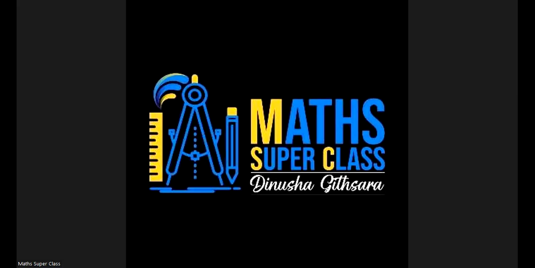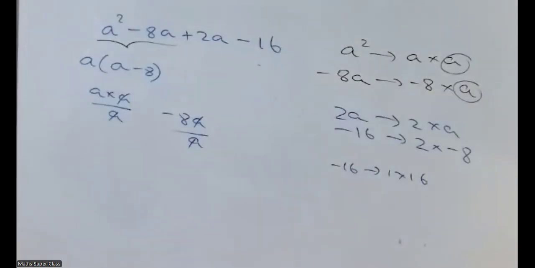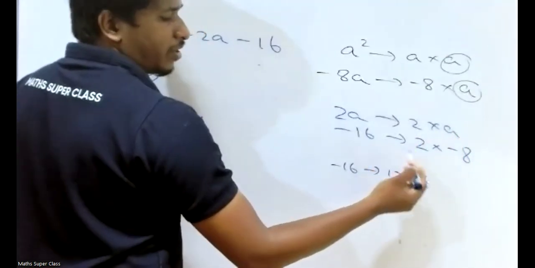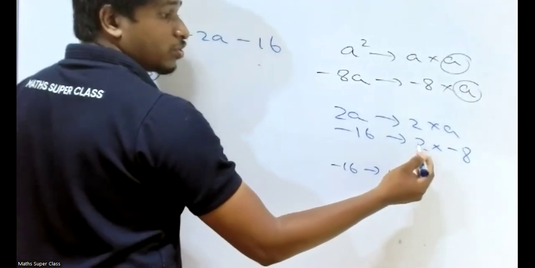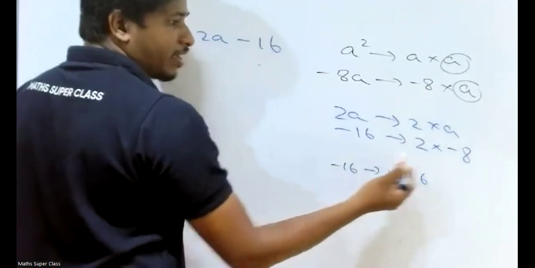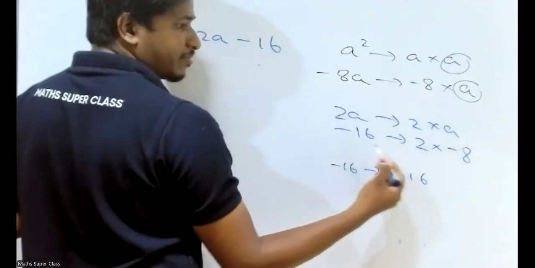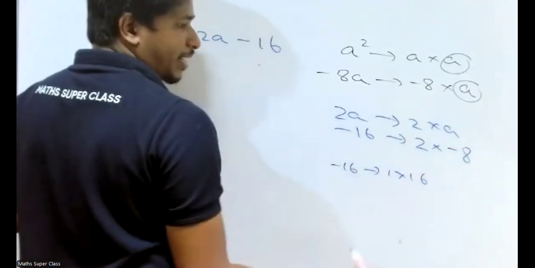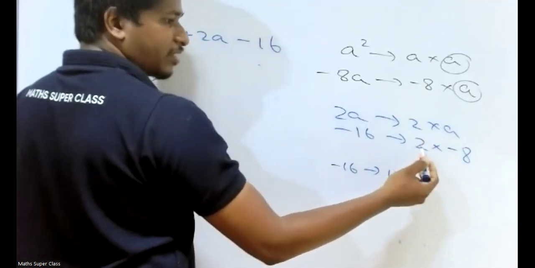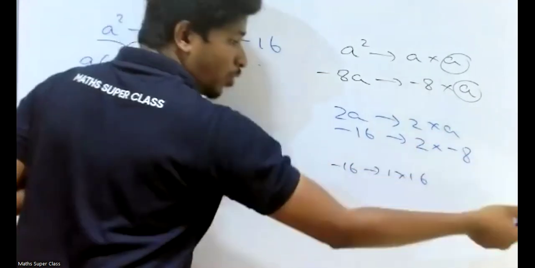Here, in 2a we have 2 into a, so again we use 2. 2 times 8 is 16, but plus into minus gives minus, so we use 2 and minus 8.